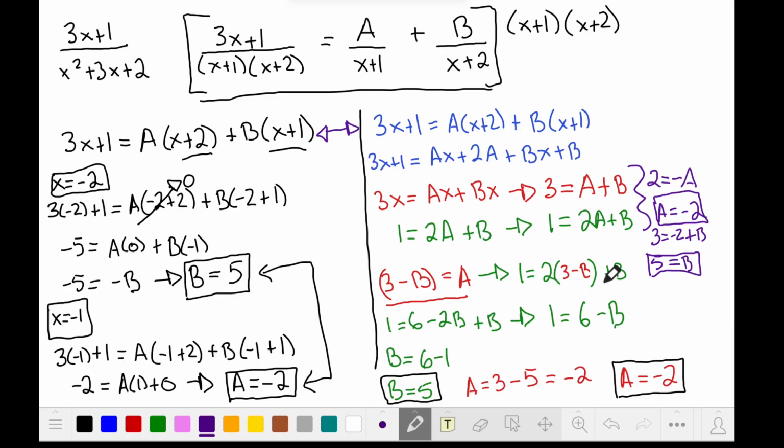And then from there, we've got one equation, one variable. In this case, it was B.